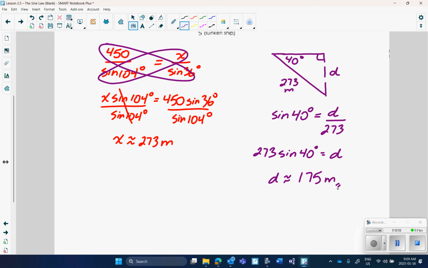But again, like I said, it's possible to use sine law in a right triangle.